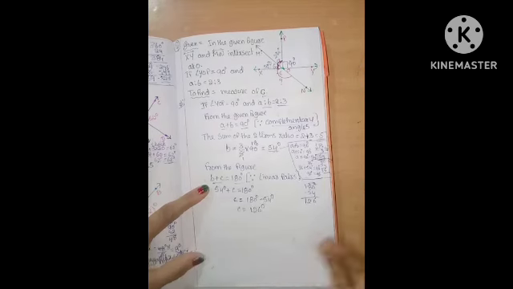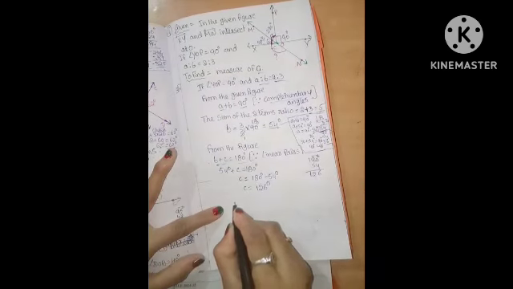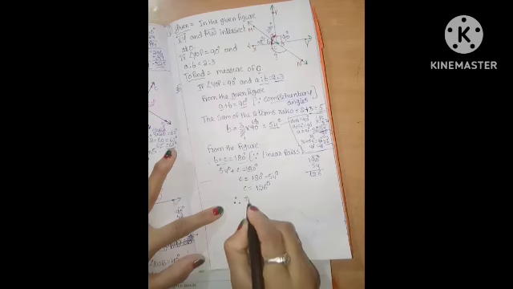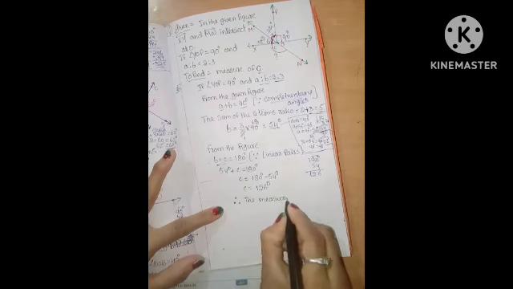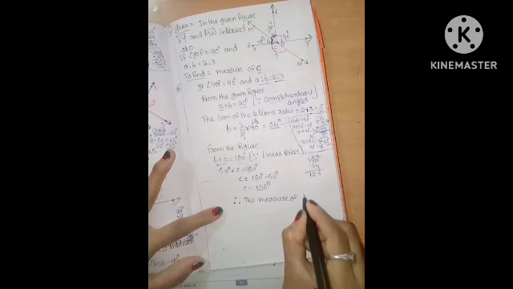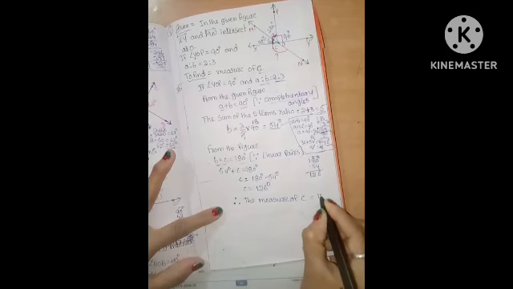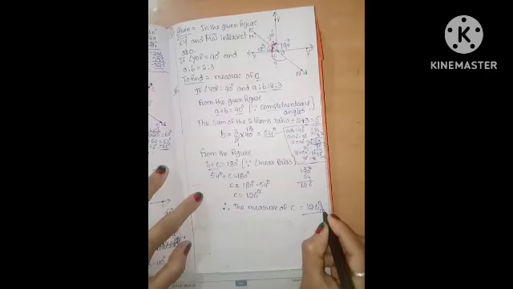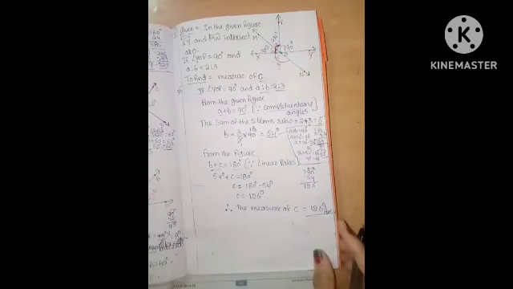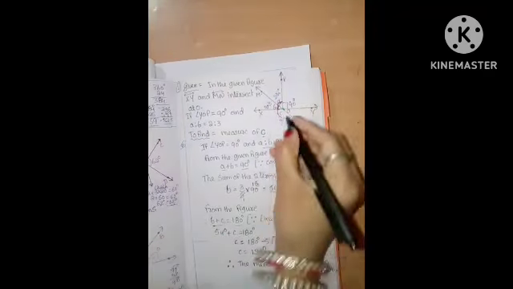So 126 degrees. Therefore, the measure of angle C is equal to, how much did you get, Gagan Sai? 126 degrees.